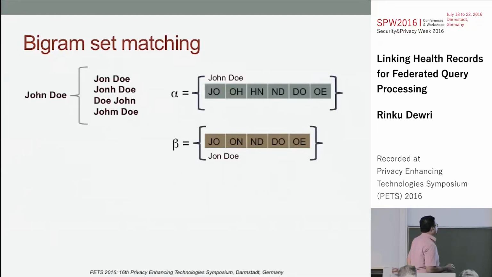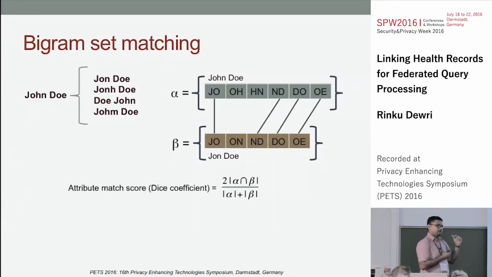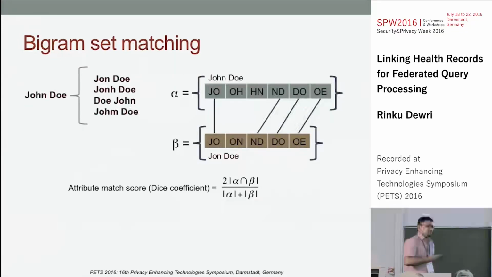You get a set of bigrams on both sides, and then you have a measure to figure out the similarity between the two sets. One way to do that is something called Dice's coefficient, which looks at the size of the intersection between the two sets, and there's a formula involved. You can compute other scores also.